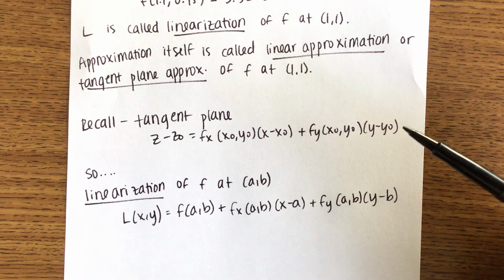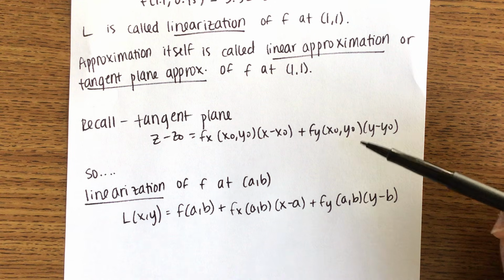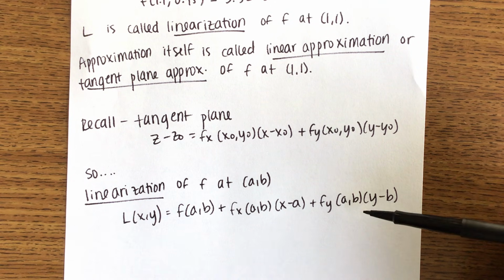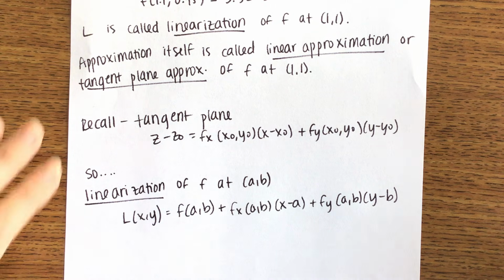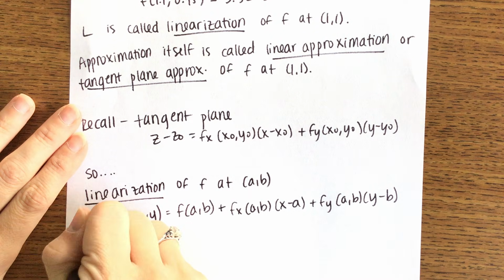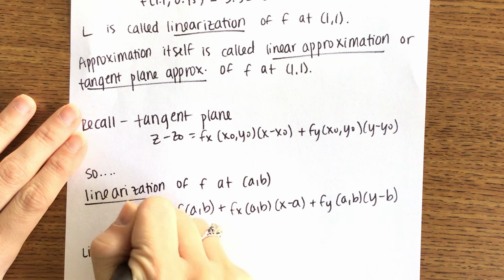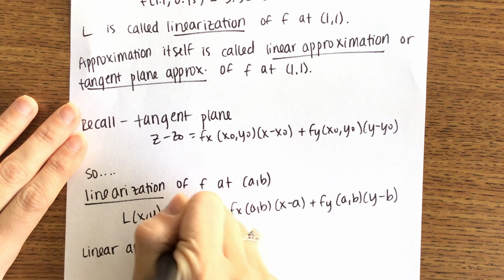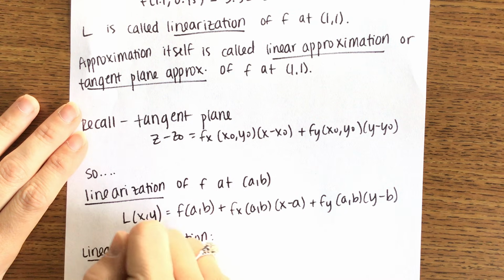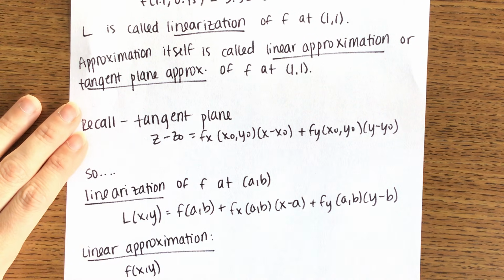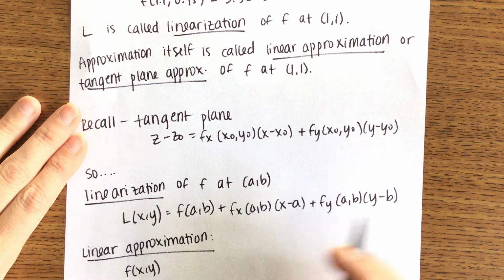Okay. I hope you can see that these two are essentially the same. They're just written a little bit differently. Do you all see that? The linear approximation, then, is the actual estimate. So linear approximation is when you approximate f of xy using that linearization.